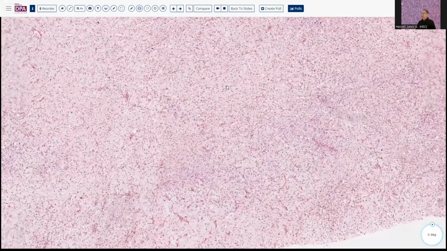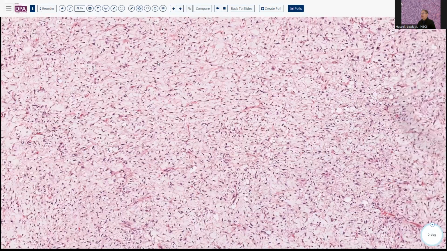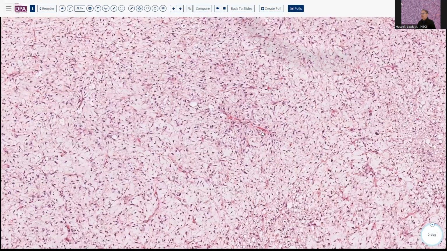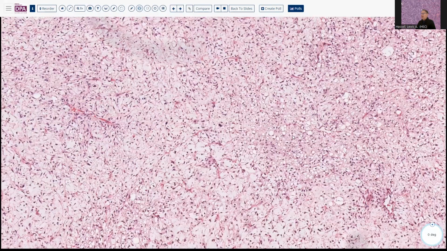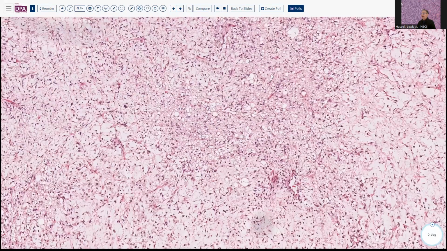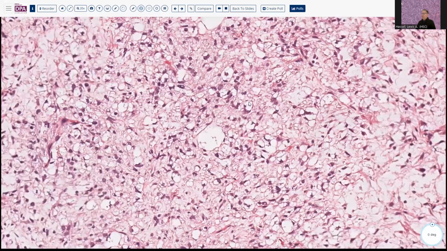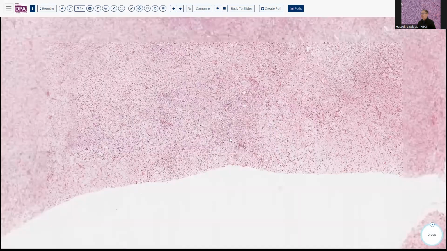Here's another example. This is not terribly pleomorphic. We certainly do have a lot of spindle-shaped cells. We have a lot of lipoblastic tumor cells, but this might be a case where you would want to exclude the diagnosis of myxoid liposarcoma, because it looks like we have a lot of myxoid background. We do have fairly small and more uniform cells, not terribly pleomorphic.